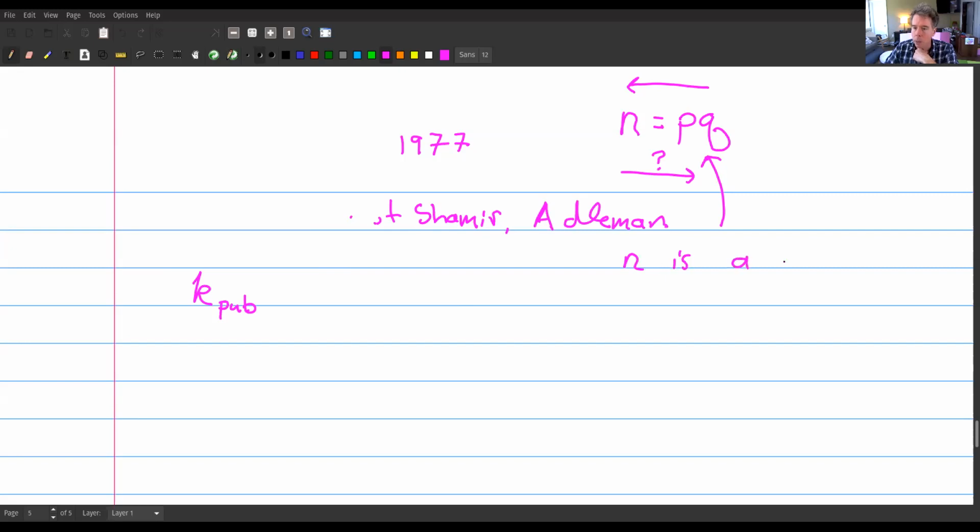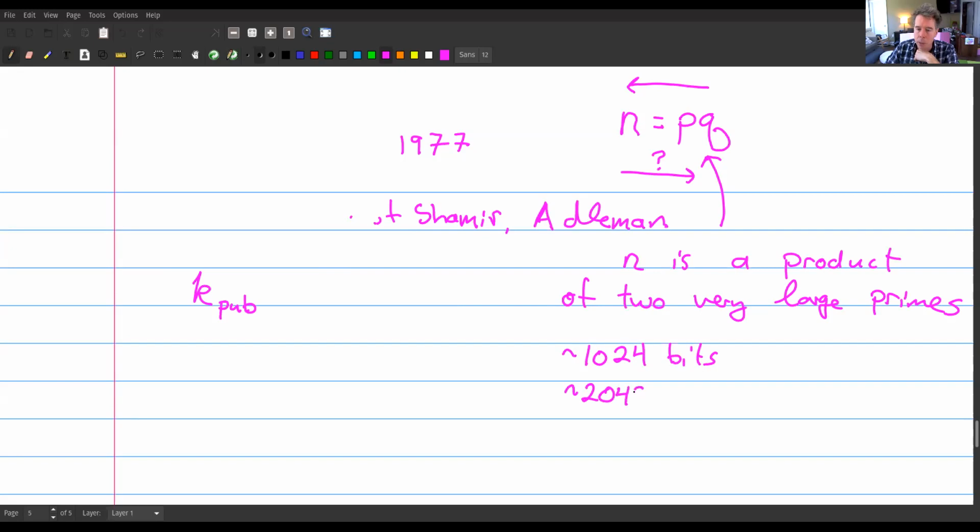Very large here means either 1024 bits or maybe double that, like 2048 bits. So the number of bits in n will be twice that. So n could easily be 4096 bits, or even bigger.